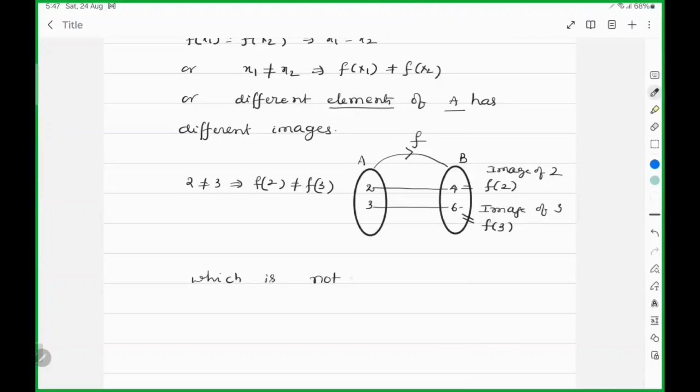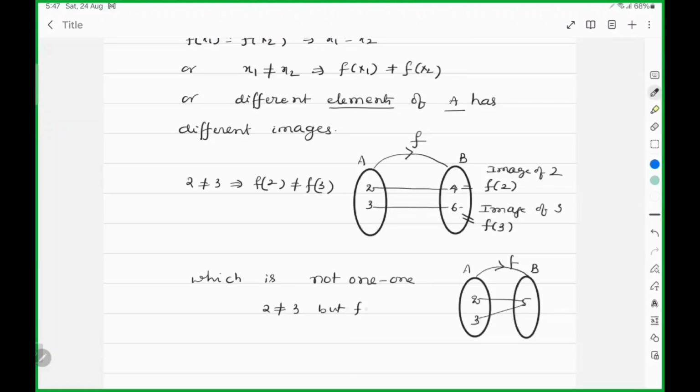Now, which is not one-one? Here you have a mapping f from A to B. Elements are different, so 2 is not equal to 3, but f of 2 and f of 3 are both equal to 5.